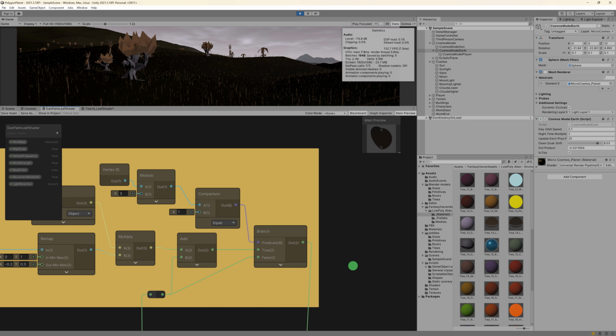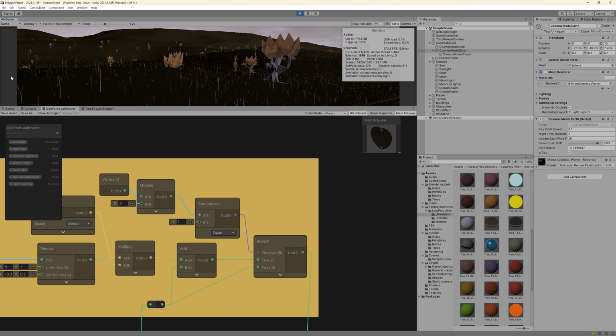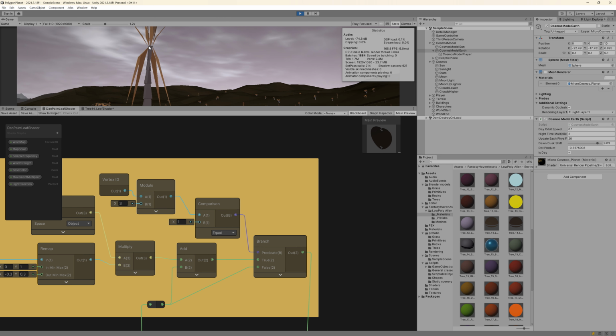Now I only want the tips of the fronds to flutter. I don't want the base where it's connected to the tree, otherwise that's going to look weird. It's going to detach from the tree randomly, and we don't want that, especially on something like this. It needs to stay attached. So only the tips.